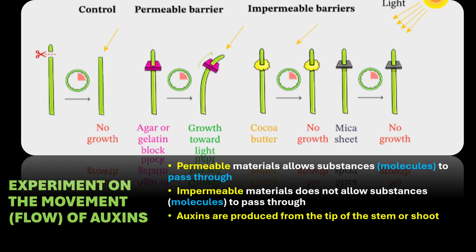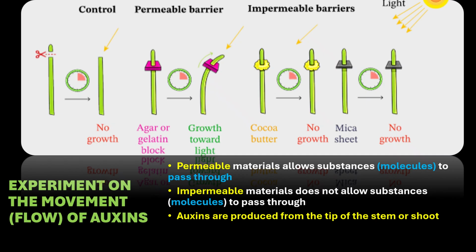This material is made up of agar or gelatin blob and is permeable. After some hours, growth occurred and the shoot was bending towards light because the auxins produced from the tip were able to pass through the permeable barrier.